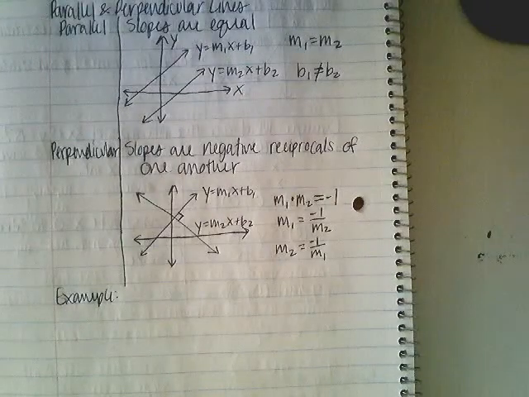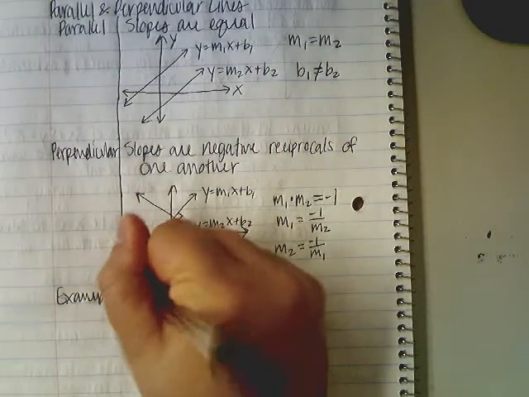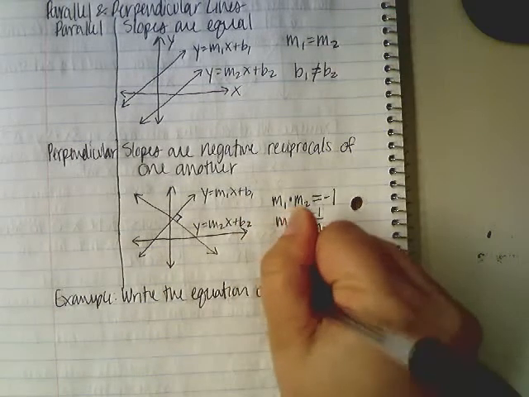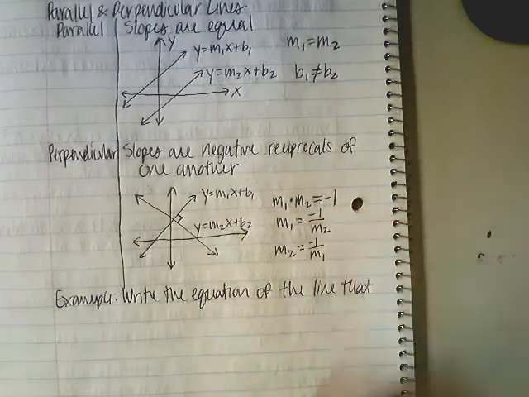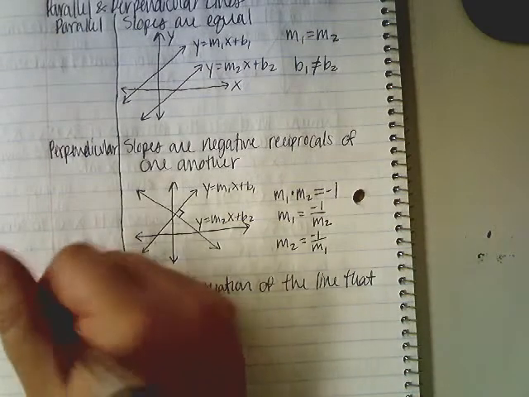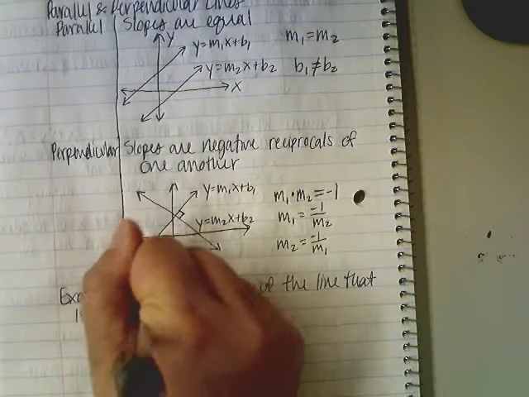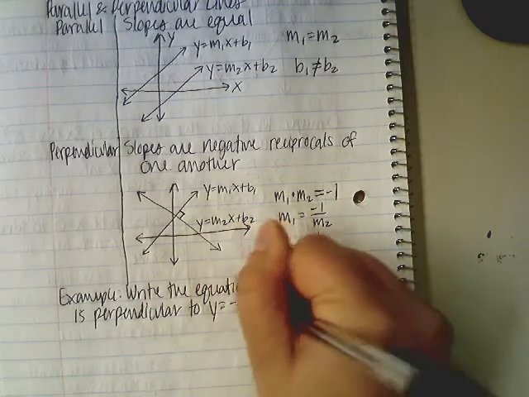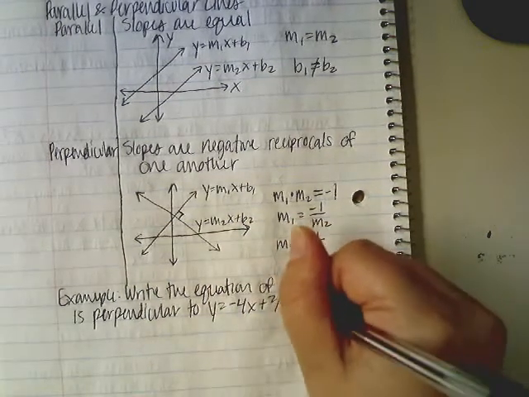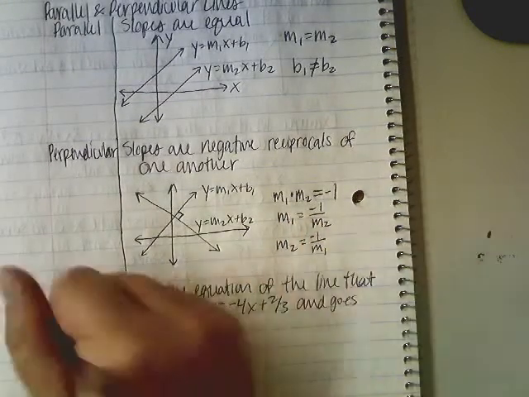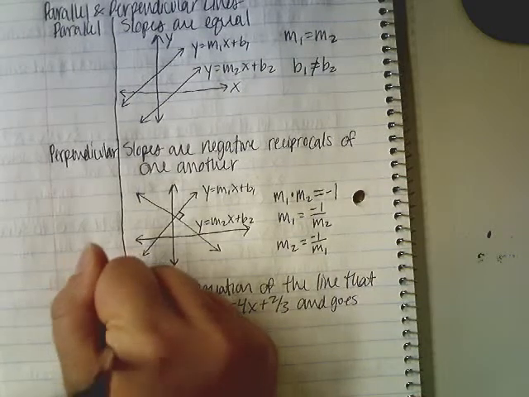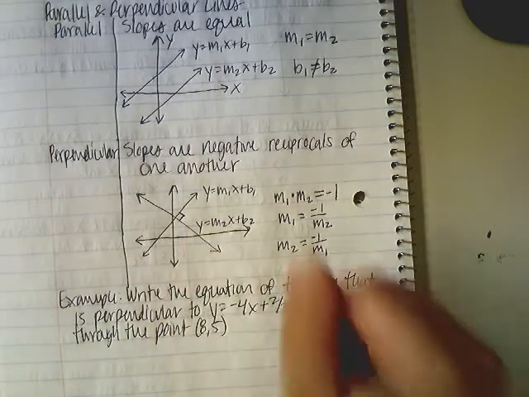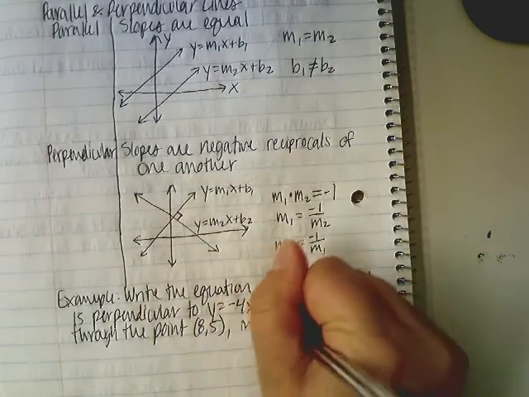We're going to write the equation of the line that is perpendicular to y equals -4x plus 2/3 and goes through the point (8, 5), in slope-intercept form.